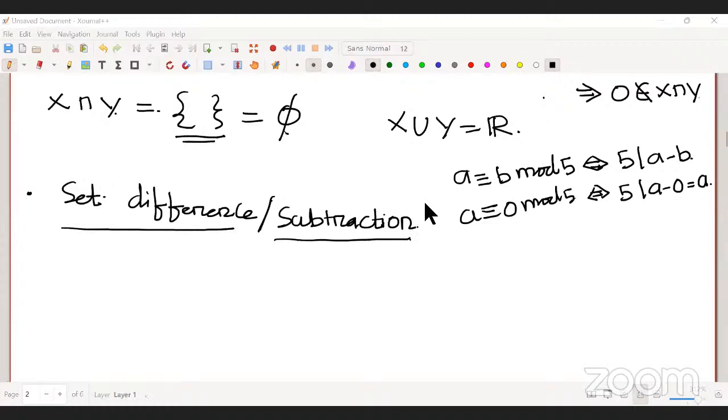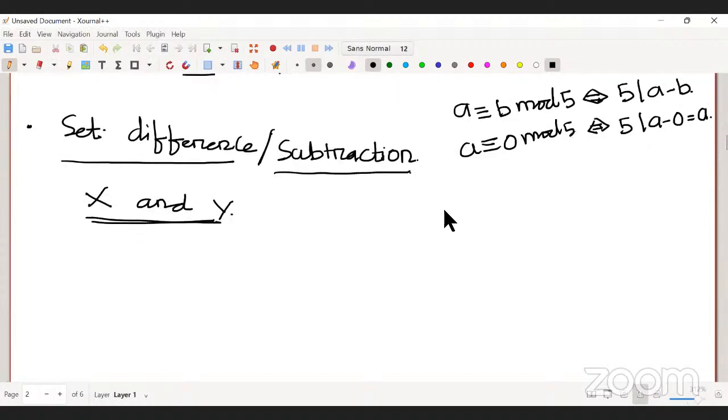Suppose you have two sets X and Y, it is given, and X minus Y is the difference, X difference Y, or some different notation also. Most of the time, in most books, you will see this notation.